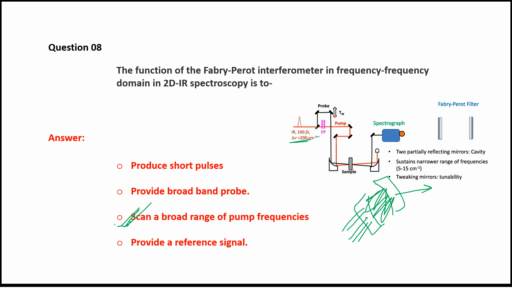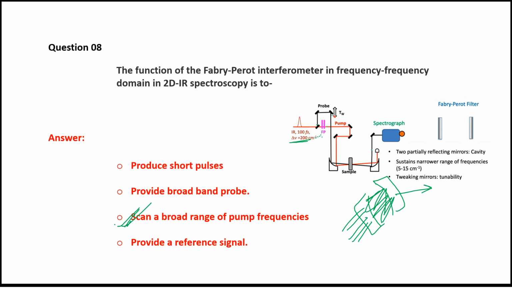Then immediately there is a splitter. It divides this beam into two parts, the probe and the pump. The pump goes straight through a connection of mirrors and passes through the sample. Similarly, there is a probe which passes through the sample.